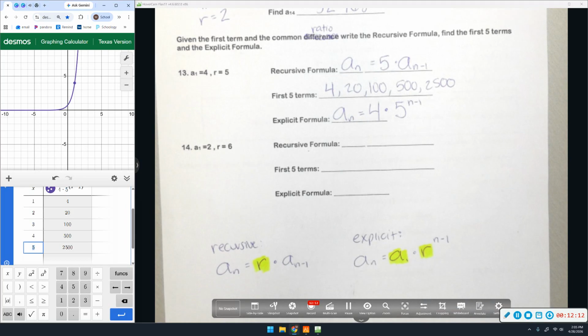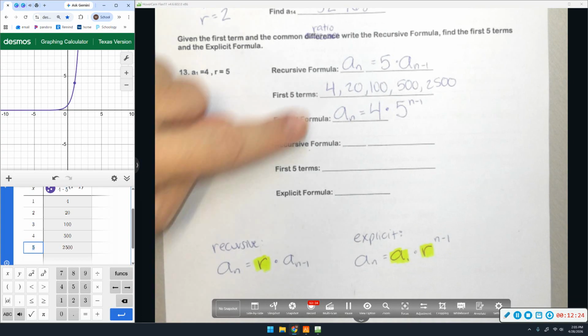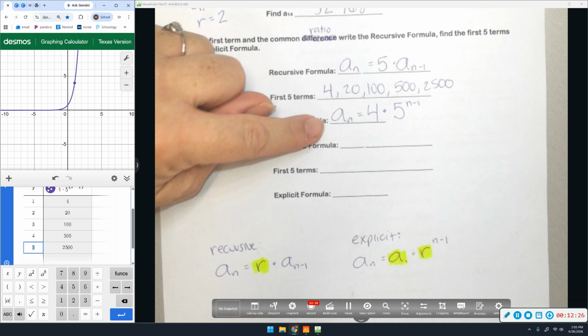Okay, I want you all to try the next one. Ready to go? Not yet. Try this one. Plug in your equations. Okay, wait. Just plug in your equations right now. Just plug in the equations like this one and this one. You can do that.